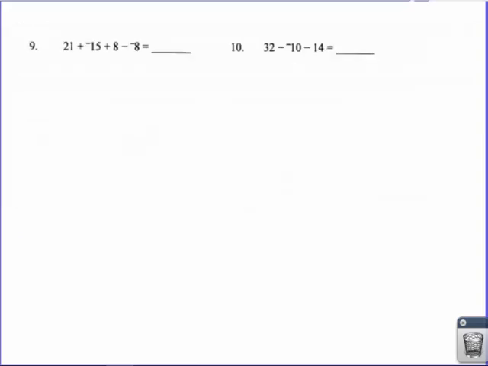Now to the ones that are a little bit more fun. They have several things going on. This first one's got an addition problem, but it's also got some minus in there. So we're going to go straight to the minus and change subtraction to addition, and the next number to its opposite. So we end up with 21 plus negative 15 plus 8 plus 8. What we're going to do is take all of our positives and put them together.